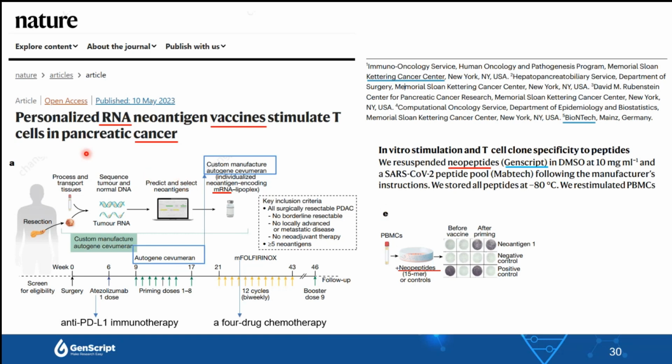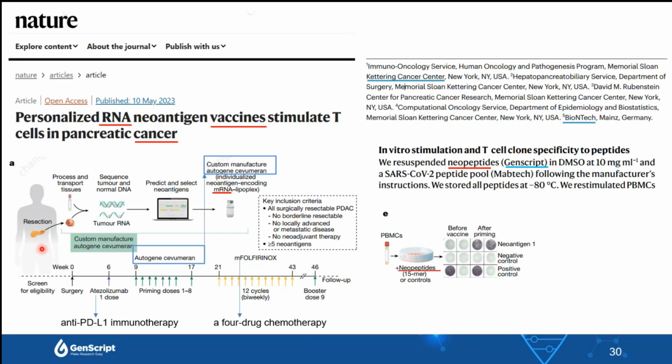So it's a personalized RNA vaccine, and the target is neoantigens. We're trying to use this kind of vaccine to stimulate T cells in pancreatic cancer.